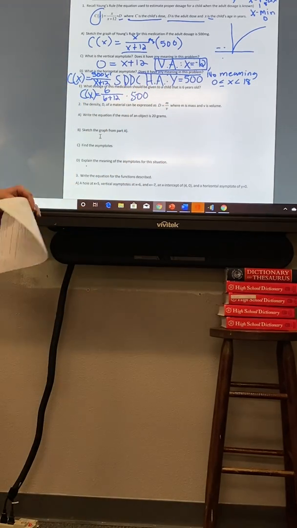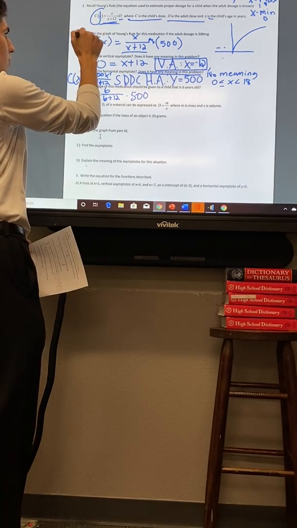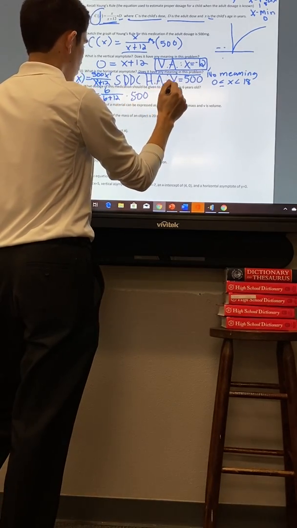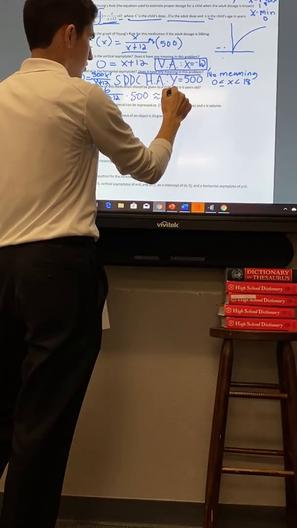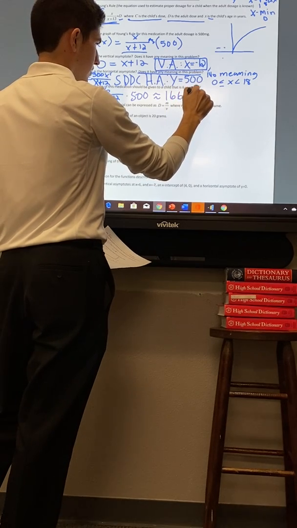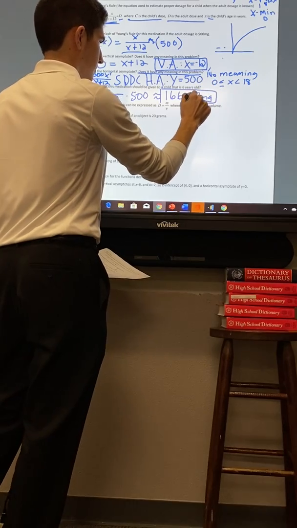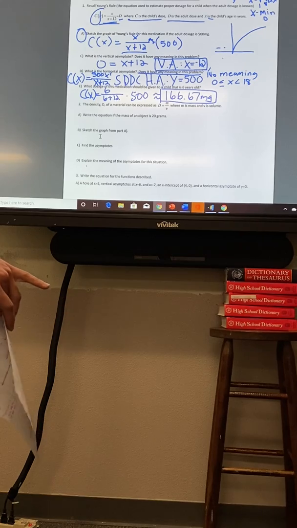And what we could also do is, if we graph this original equation right here, then we just go to menu 7 and plug in 6 for our x, or if you would like to, you can do it this way as well. Either way, you should get to where the dosage is approximately equal to 166.67 milligrams. So no matter which way you do it, that should be what we get as our solution.